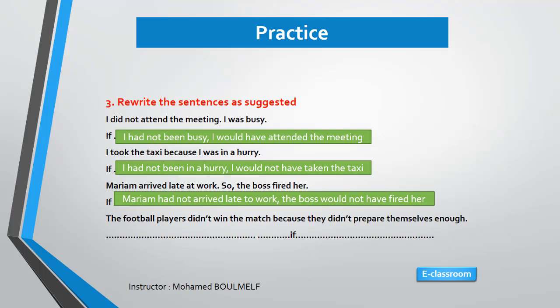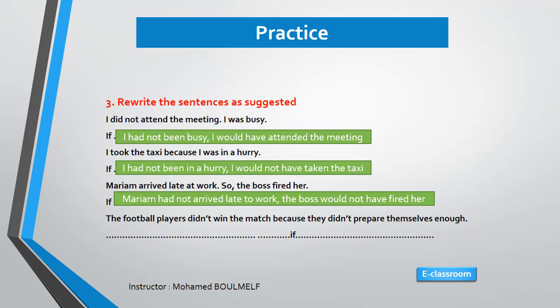Okay, so but if you notice here we have if in the middle. Okay, so we're going to start with the main clause, or part 2, that is a subject plus would or could have plus past participle, and we're going to take the football player didn't win the match because this is the result. We're going to start with the result, then if, then the cause sentence.